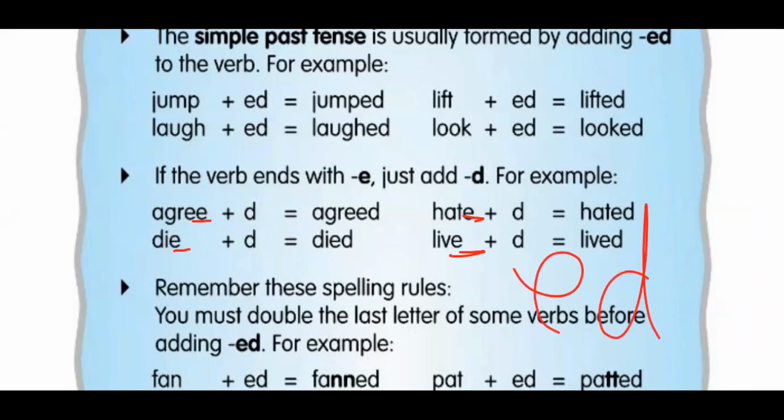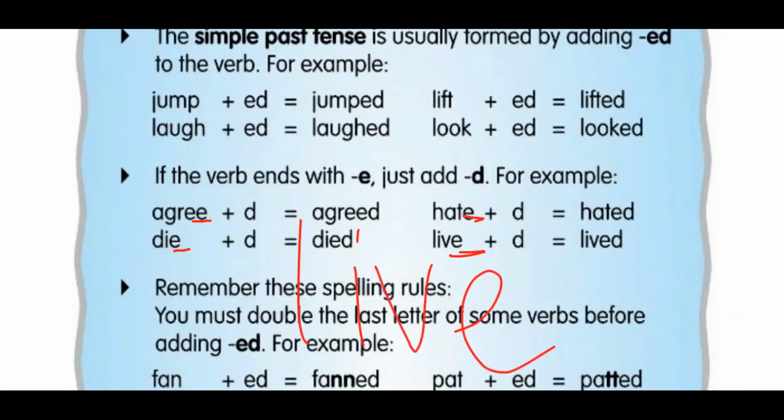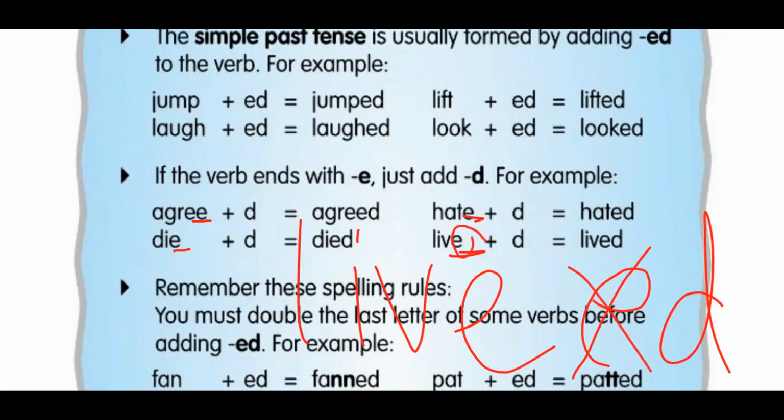Like see, L-I-V-E, live. This is a verb. Did we add ed again and say "liveed"? No, we did not add any extra e, because e is already there. It already ends with e, so we added only d.